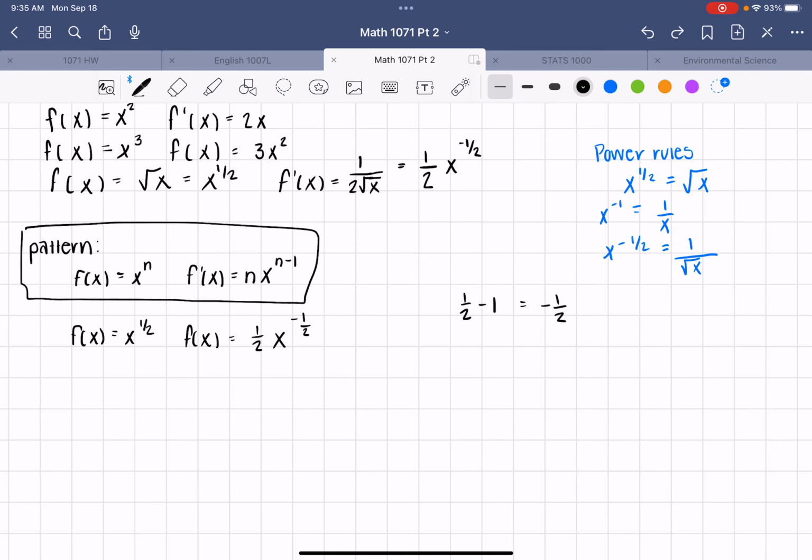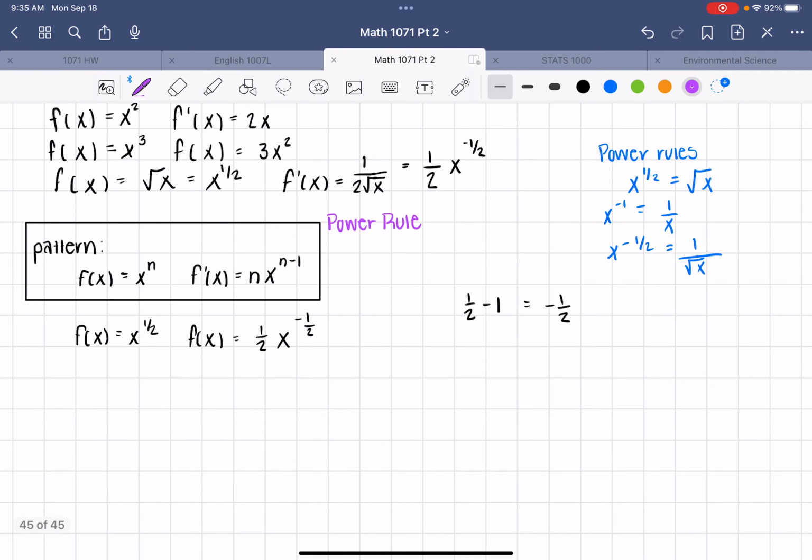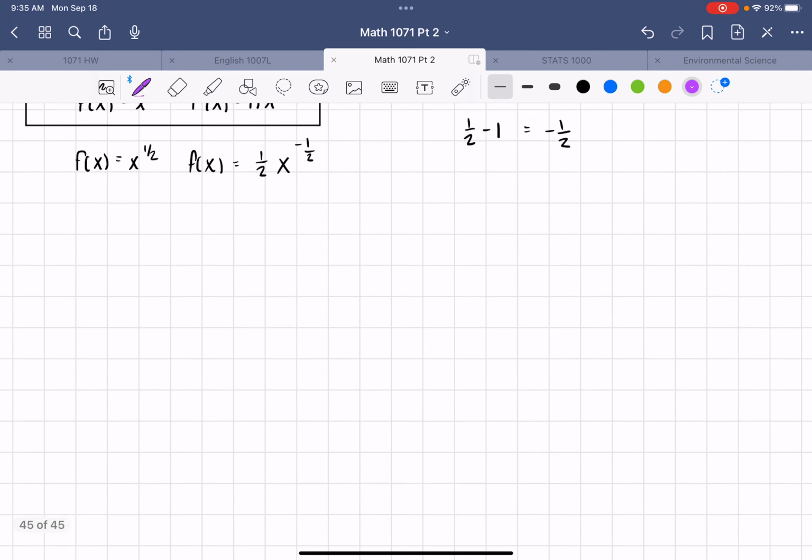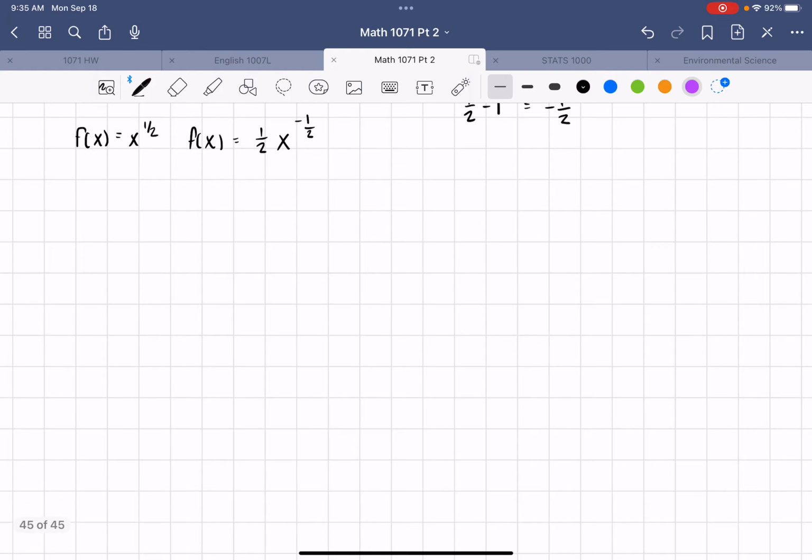Let's do another example. Here, this will fit. What if your function is just a constant, let's say 7? That fits our rule, because if your function is just a constant 7, the power of x is 0, right? Anything to the 0 power is 1.